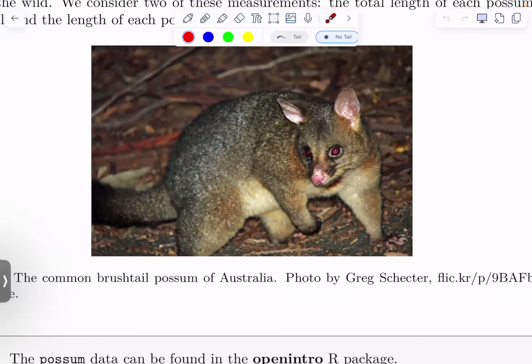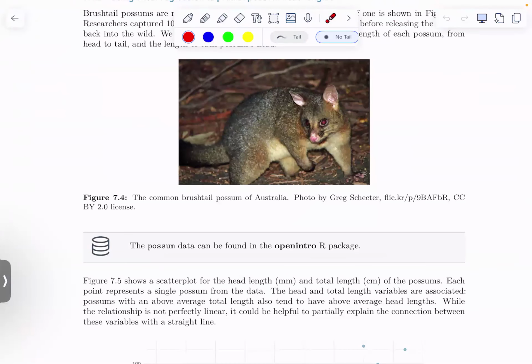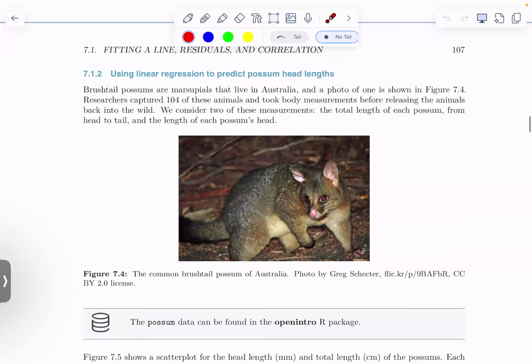Can you imagine if we had something cool like that here? What they did, I think, was capture 104 of these brush-tailed possums and make a bunch of measurements, hopefully randomly selected. I don't think so, but can you imagine so many to grab from?